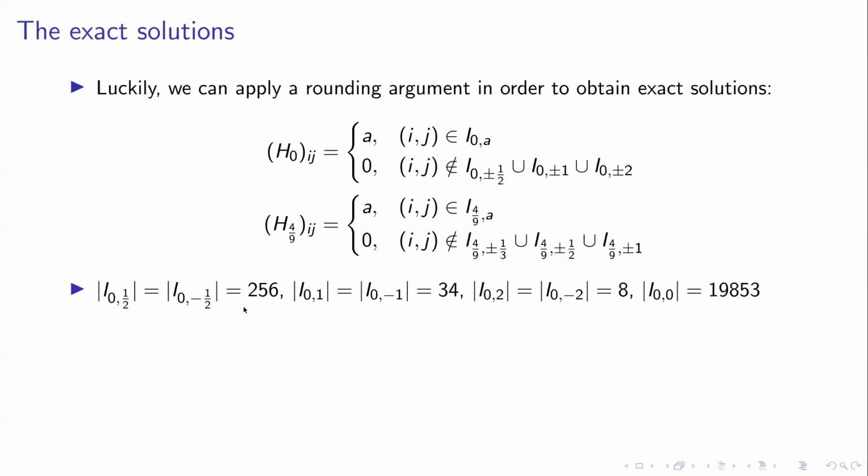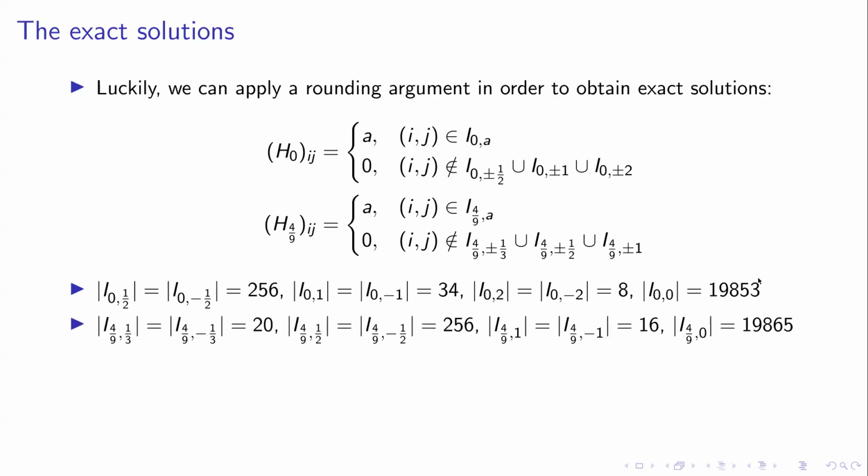And this is how many places you can find a 1/2: there are 256 places, 34 places for the ones and -1, and you have mostly zeros. In the other cases, it's pretty much the same. Again, you try to guess what exact rational number is in the place where you clearly have something non-zero. So you propose the solution.